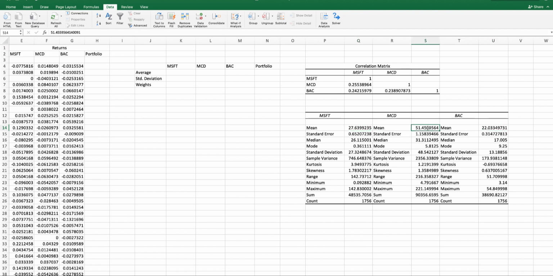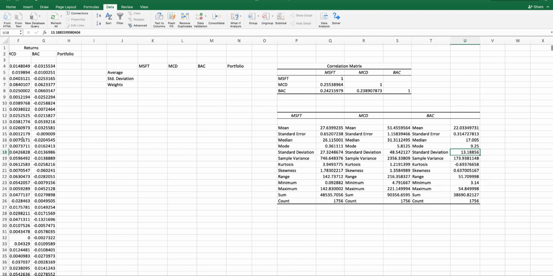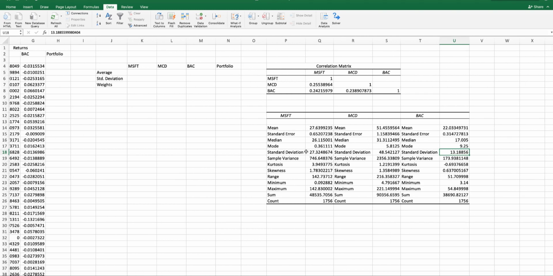You have the averages, and the standard deviation tells you how dispersed your data is from the mean. So the higher the standard deviation, the more dispersed your data is. You also have the sample variance, kurtosis, and skewness.